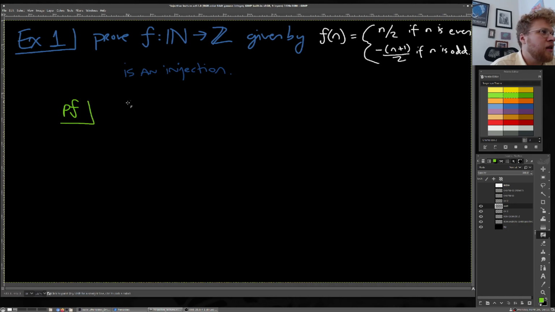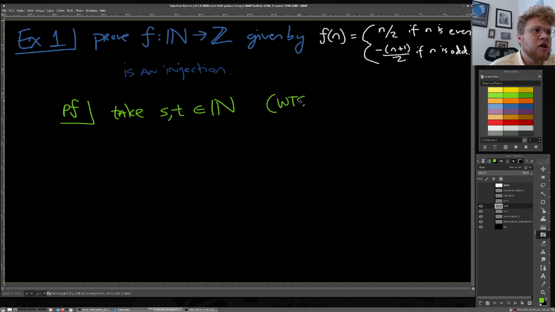Let's start with 2 arbitrary elements of the domain. We'll do the same proof strategy. Take S and T, 2 elements of the domain, completely arbitrary.